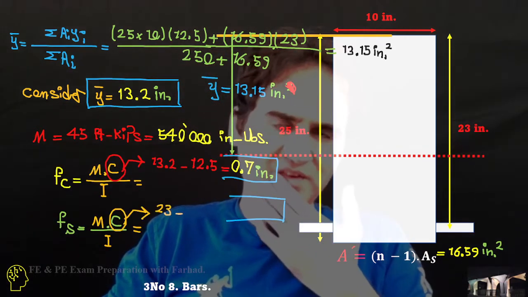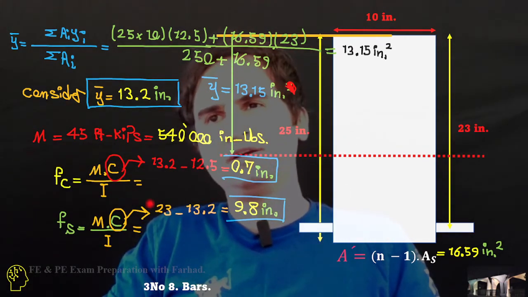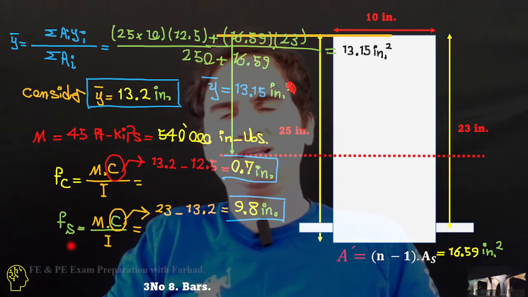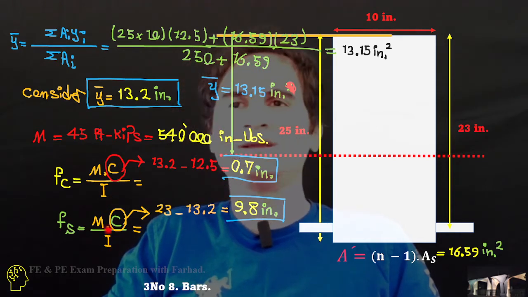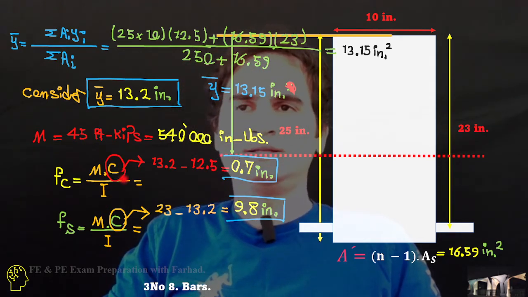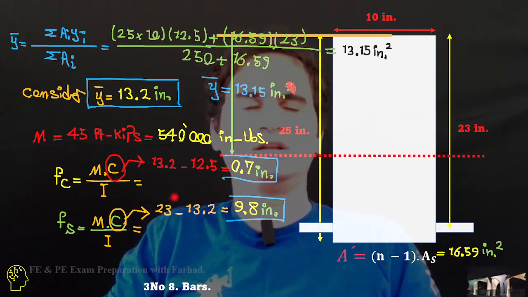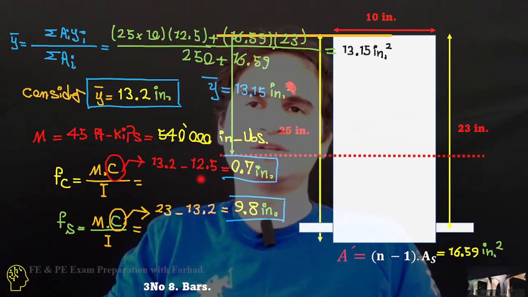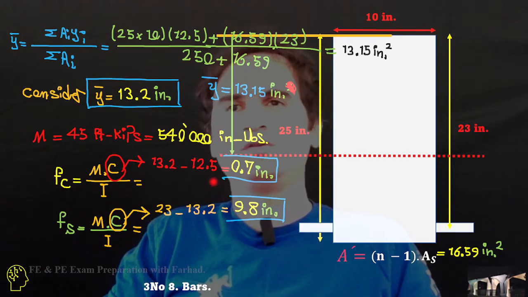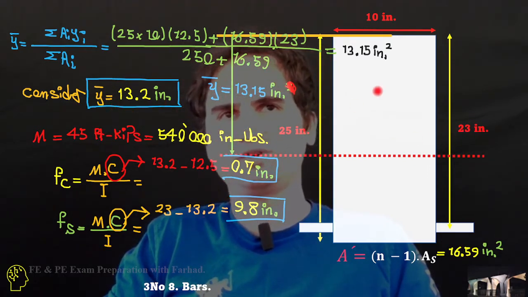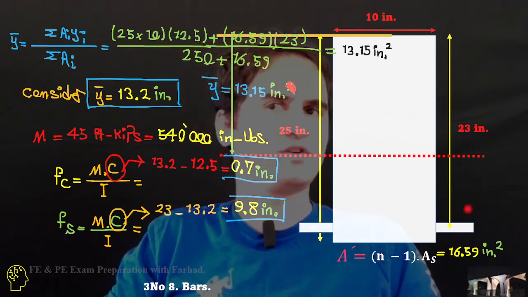At the same time, stress is Mc over I for both concrete and steel. The moment M and the second moment of inertia I remain the same for both, and the distance c is measured from the centroid. For concrete, that's 13.2 minus 12.5, the centroid of the overall cross section minus the centroid of just the concrete, which gives 0.7.